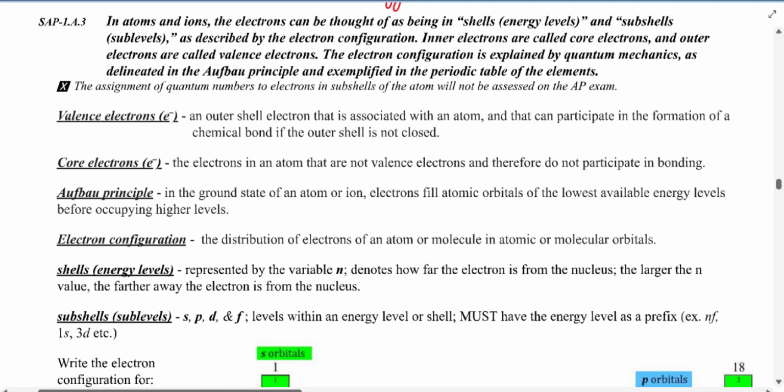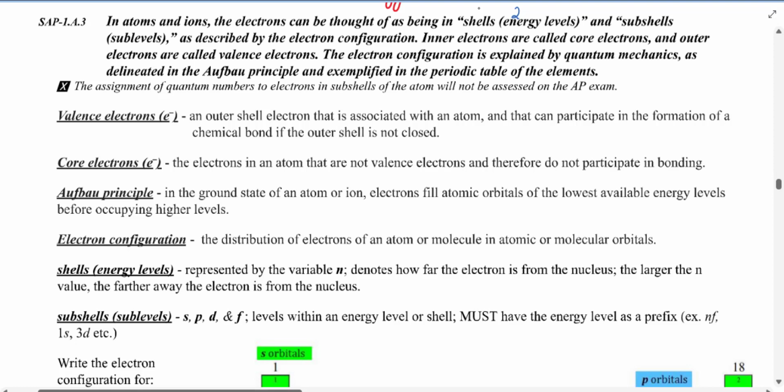In atoms and ions, the electrons can be thought of as being in shells or energy levels, just like we did in the Bohr model above, or in subshells or sublevels, as described by electron configuration. Your energy levels are your n equals 1, n equals 2.